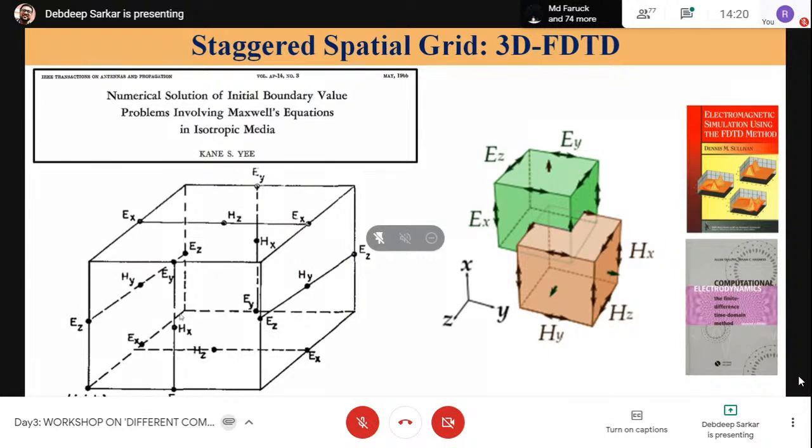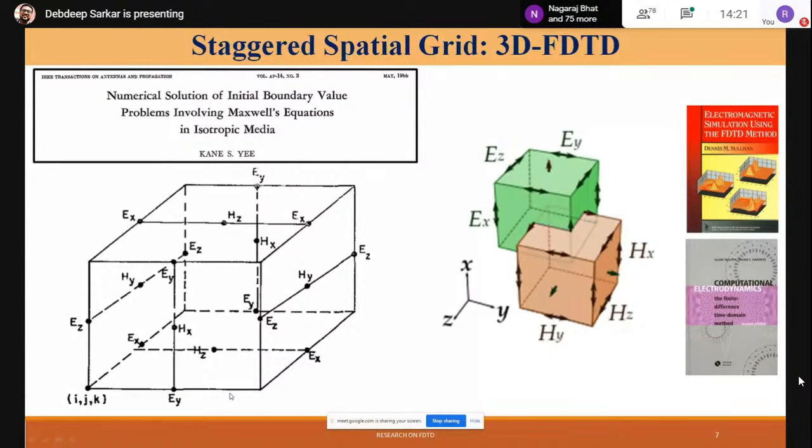When I mentioned yesterday the curl of E equals minus del B del t, that Faraday's law kind of thing, you can visualize it as a loop, formed by Ex and Ey and again Ex and again Ey. If you have this encircling loop, at the center of it sits Hz. And again, when we have this knowledge of Hz, let's say this Hz and this Hy, you can see how that loop for that H is then helping you to evaluate the E component.